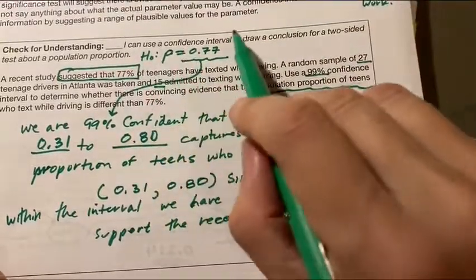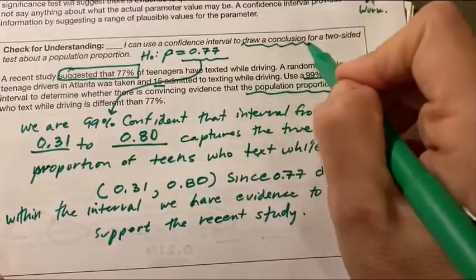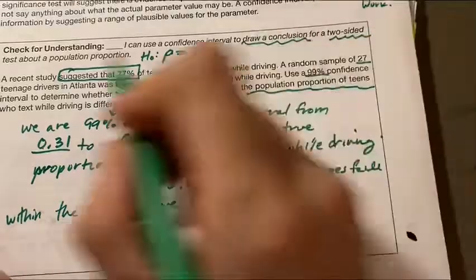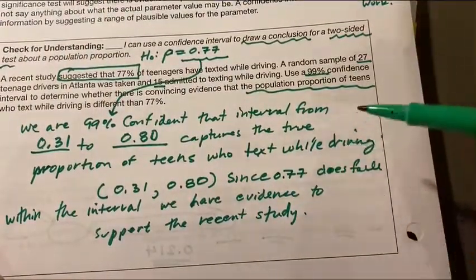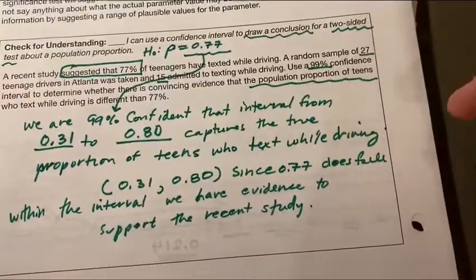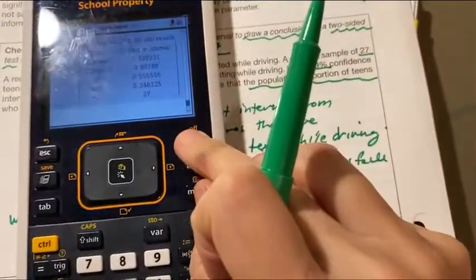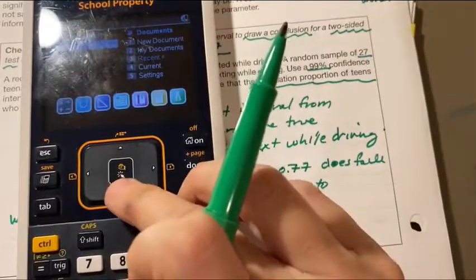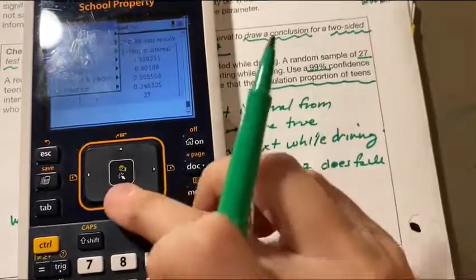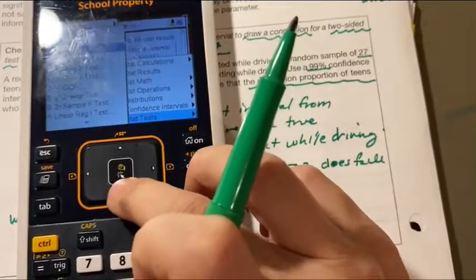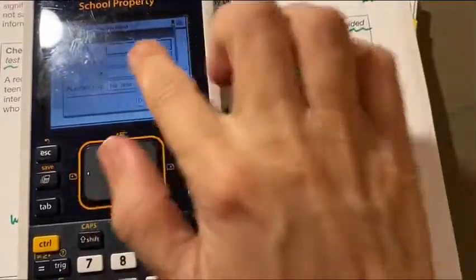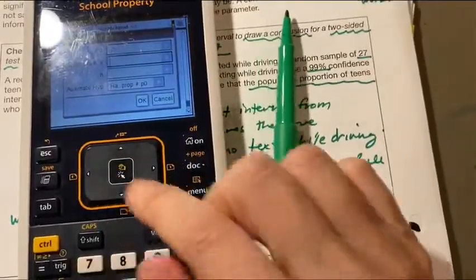So it says, can I use a confidence interval to draw a conclusion for a two-sided test? And that's exactly what I did. Now, what would it look like if it was a two-sided test? Let me show you. In exactly the same way, if it was a two-sided test, we go to stat and we go stat test, and we'd plug in the same information, but our P0 would be what we think is the truth.